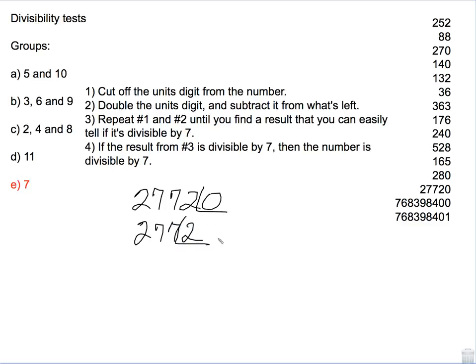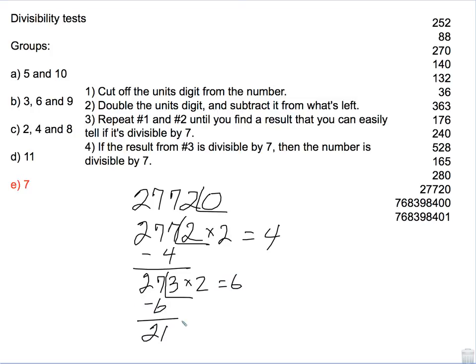If we cut off the 2 and we double it and get 4, subtract 4 from 277 and we get 273. Well, we're not quite sure whether this is divisible by 7 or not, so we can keep going. Let's cut off the 3, multiply it by 2 to get 6, subtract 6 from 27, we get 21, and that is divisible by 7, so 27,720 is divisible by 7.